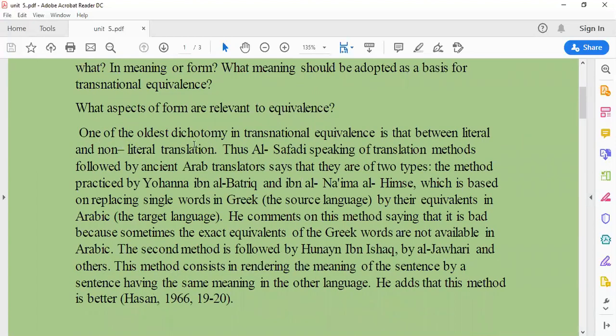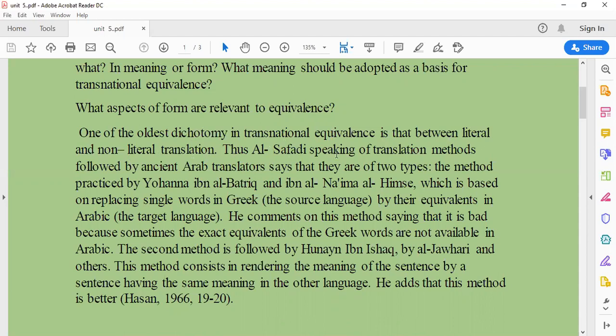One of the oldest dichotomies in translation equivalence is between literal and non-literal translation. Dichotomy means division between literal and non-literal translation.